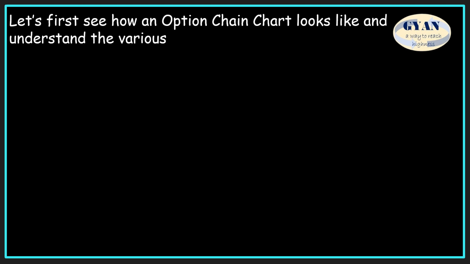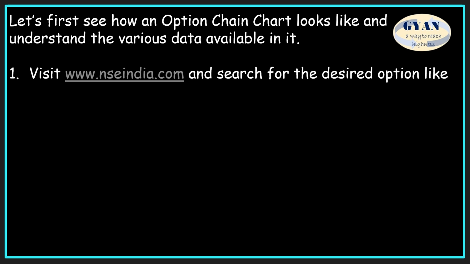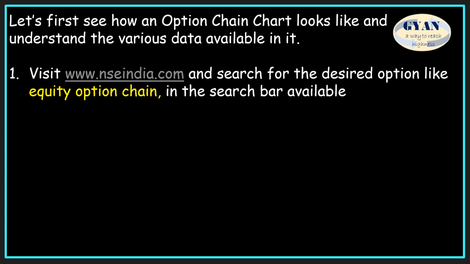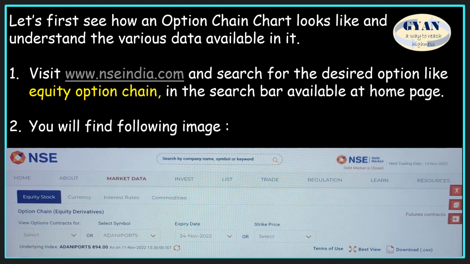Let's first see what an option chain chart looks like and understand the various data available in it. First, visit www.nseindia.com and search for the desired option, like equity option chain, in the search bar available on the home page. Second, you will find the following image.